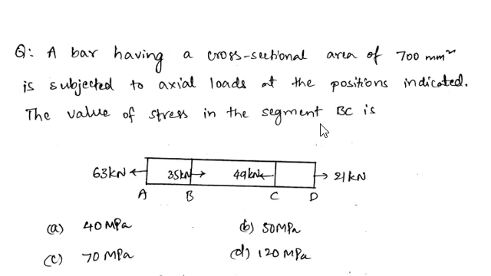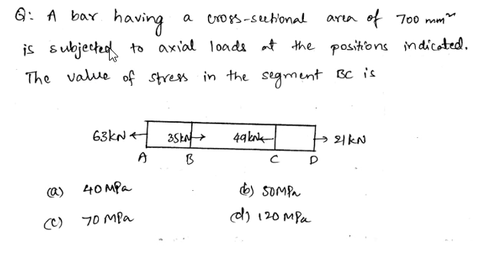And if you see the next question, a bar having a cross-sectional area of 700 mm square is subjected to axial loads at positions indicated below. The value of stress in the segment BC. We have seen the same kind of question, but here it is asking stress in segment BC.